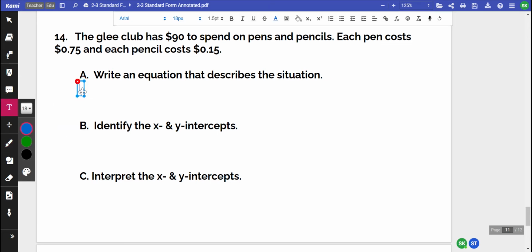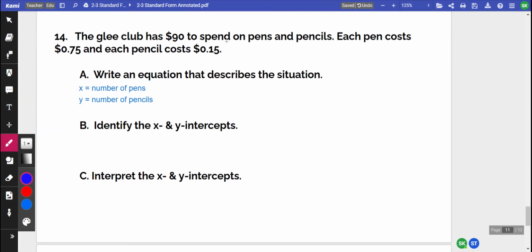So first, let's define our variables. I'm going to say x is the number of pens that you can buy, and y represents the number of pencils you can buy. Also remember that standard form looks like ax plus by equals c. So if x represents the number of pens, then I'm going to replace a with 75 cents, the cost of pens.